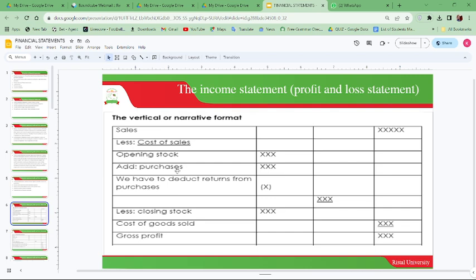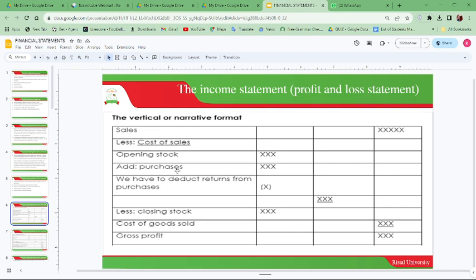Then we less the closing stock, the stock that you had when you were closing the month. That is the closing stock. So you less it after adding opening stock plus purchases and after subtracting the returns outwards from the purchases. You less the closing stock to come up with the cost of goods sold.